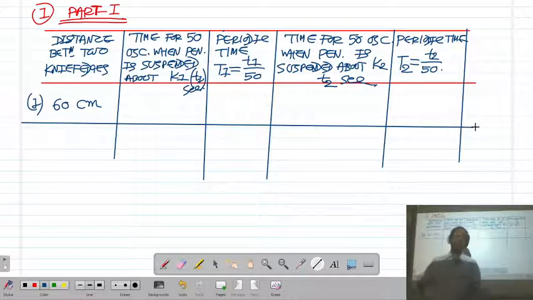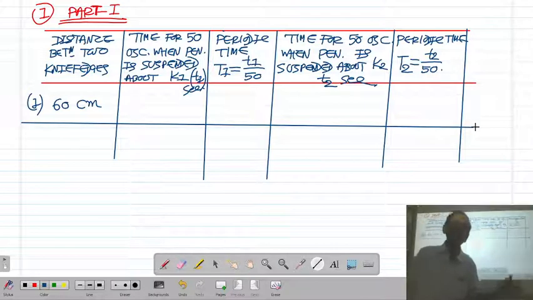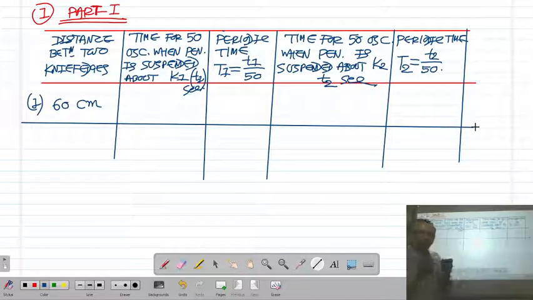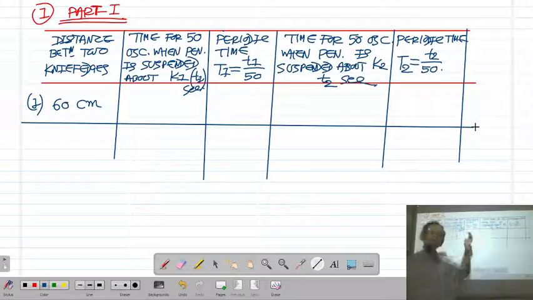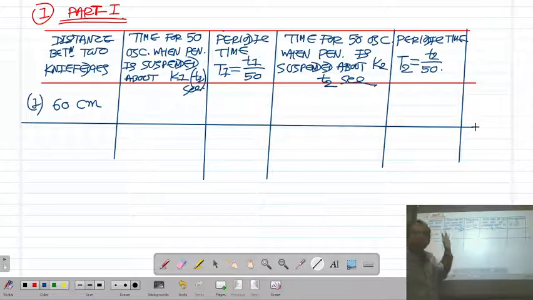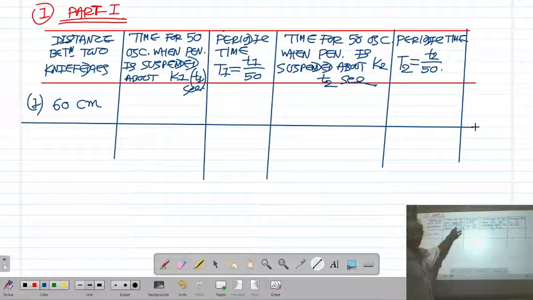After adjusting the distance between two knife edges K1 and K2 to 60 centimeter, with K1 at 30 centimeter from the center and K2 at 30 centimeter from the center, suspend the pendulum about wooden knife edge K1.